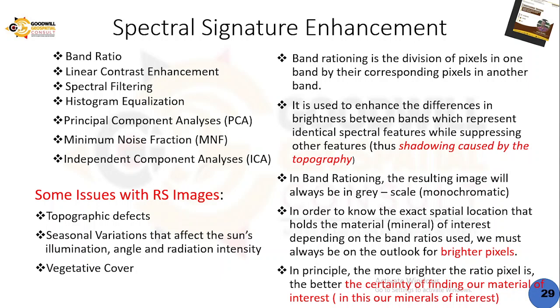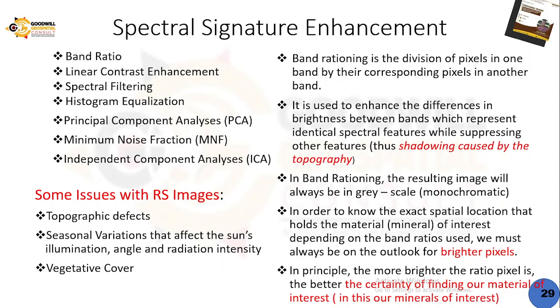It is basically used to enhance the differences in brightness between bands which represent identical spectral features while suppressing other features, such as shadowing caused by topography. The band ratio can be used to enhance one feature over the other. Some materials have close spectral absorption ranges, so we can't distinguish them at the raw stage. Once we are able to do a band ratio or a spectral enhancement, one of the materials is enhanced over the other.